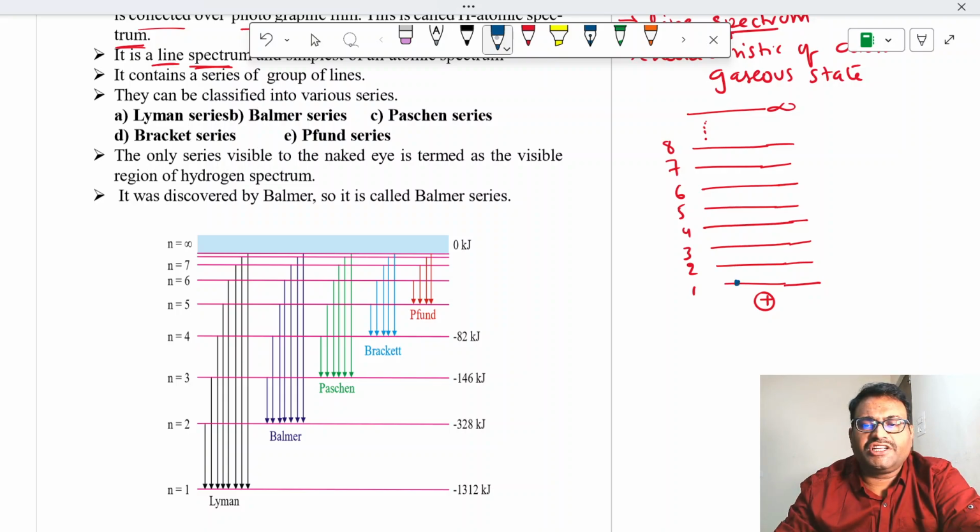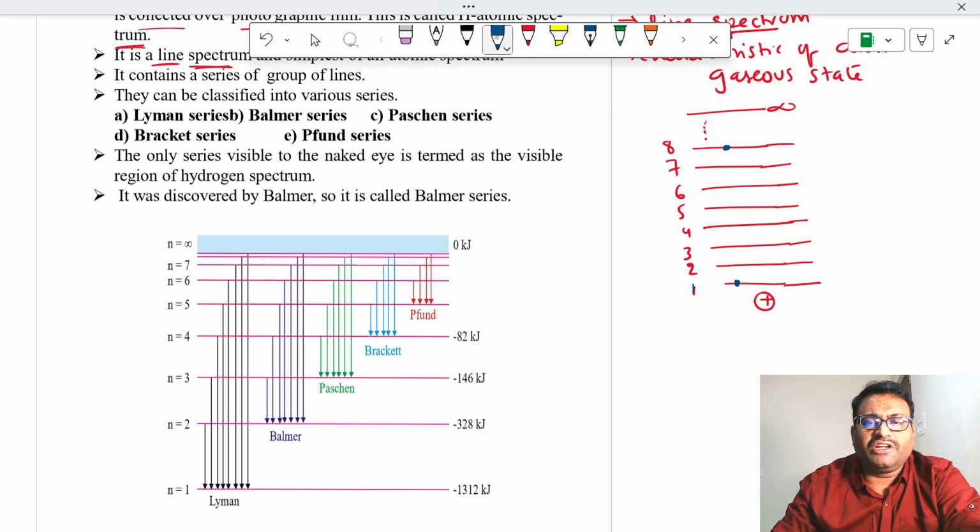This first energy state is called the ground state. It is absorbing energy, and depending upon the amount of energy absorbed, it jumps to, or gets excited to, a higher energy state. For example, it moves to the 6th energy state, or let us take it is moving to the 8th energy state.